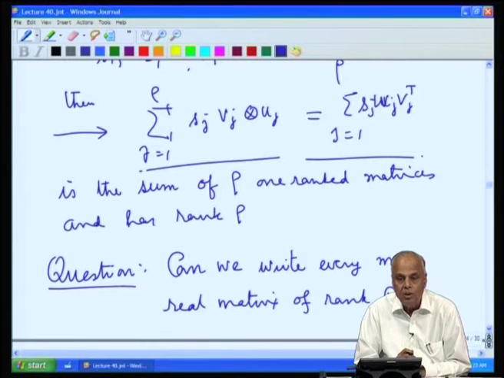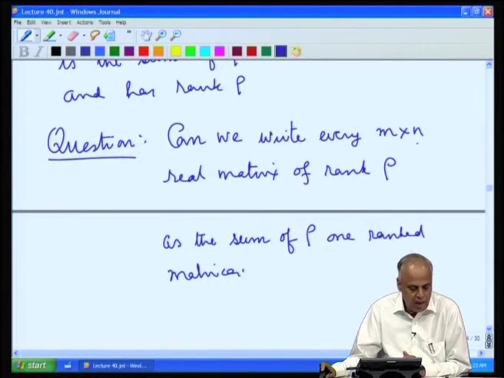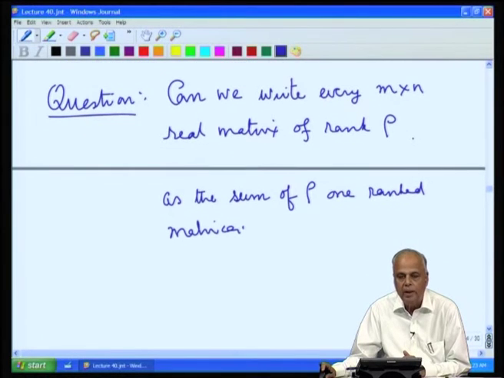The question was whether we could do it and exhaust all the rank rho matrices, that is, whether all rank rho matrices can be generated this way, which means can we write every rank rho m by n matrix as the sum of rho rank 1 matrices.